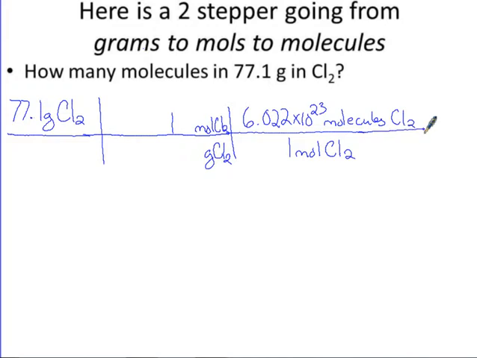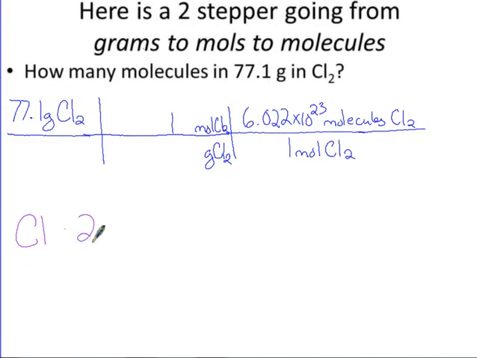Okay, so I can set that up, and I see I've got an open spot here that I need to fill, and remember I get that by getting the molar mass of my compound, Cl2. Well, that one's kind of nice. All I have in it is chlorine atoms.